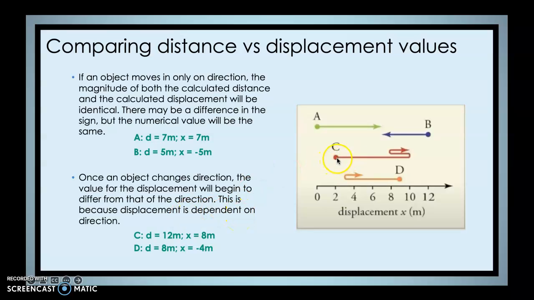So in this case, looking at C, they start at 2, they go up to 10, which is 8 meters, then they go back to 8, which is another 2, and then they go back to 10, which is another 2, so a total of 12 meters. But when I use my equation for displacement, I have 10 minus 2, so their displacement is only 8. So if you change direction at all, your displacement will always be smaller than the total distance traveled.